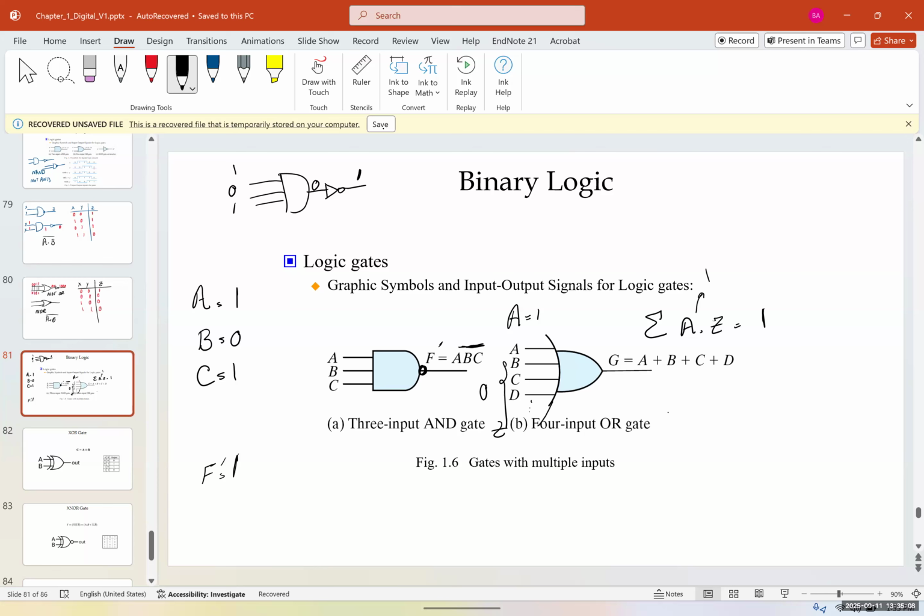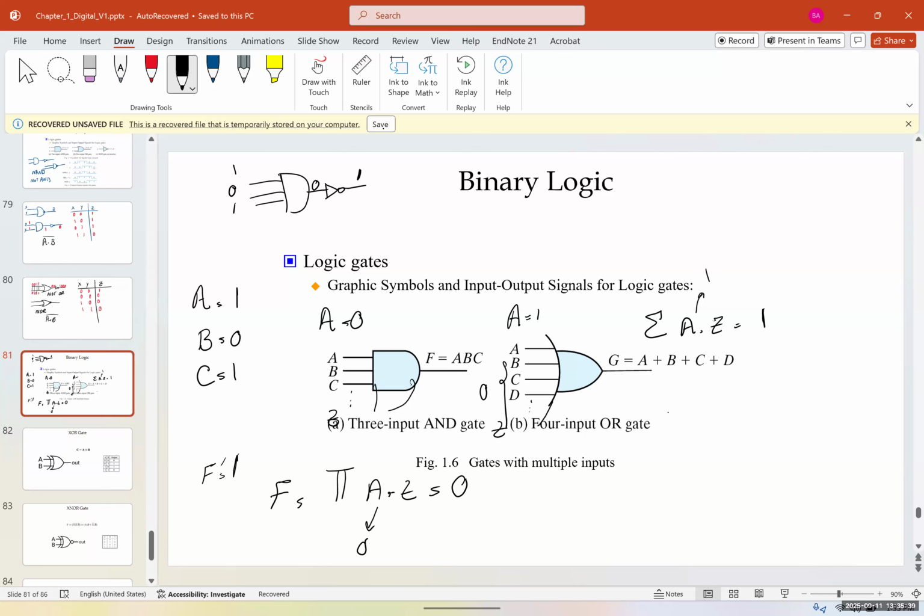And what if instead of 3, I have again 20 or 30 inputs for an AND gate, and A is equal to 0? What would the answer be? 0. So F would be the multiplication of A to Z. And if one of them is 0, the answer would be what? 0. Okay.